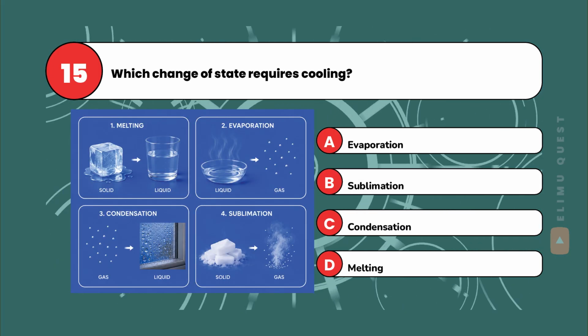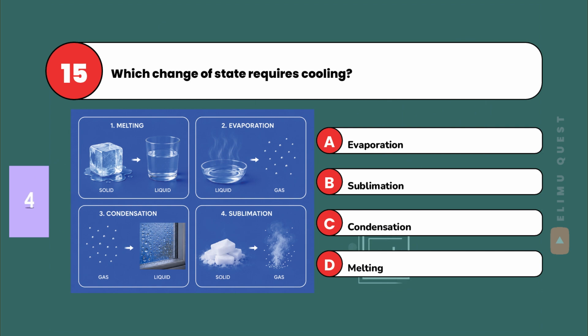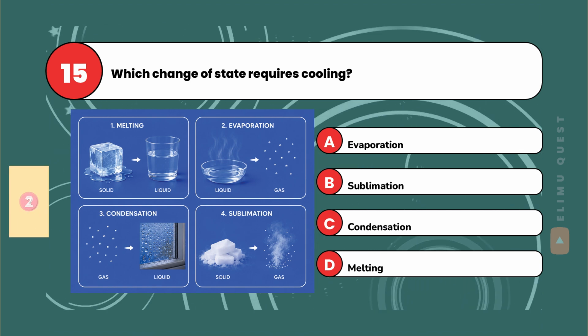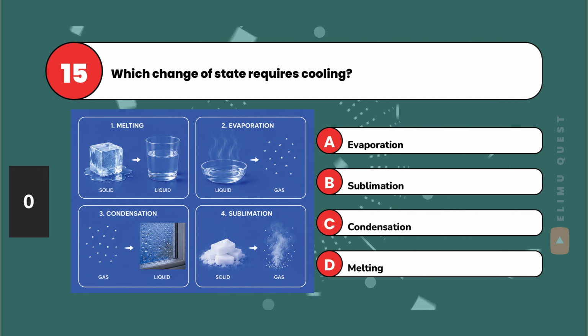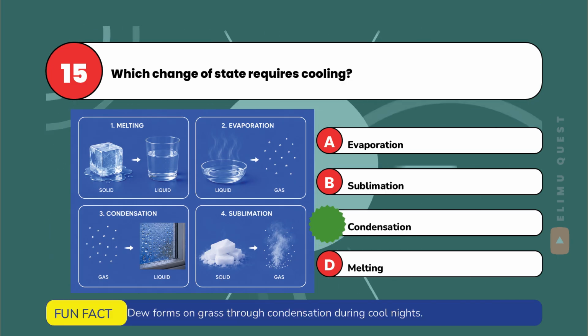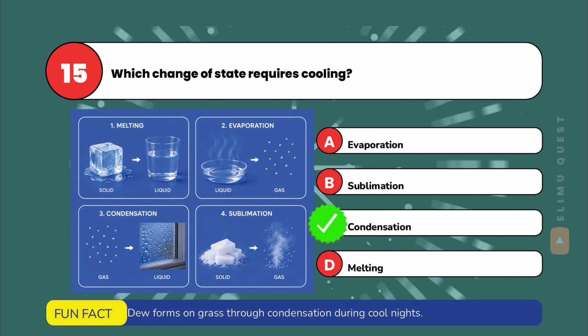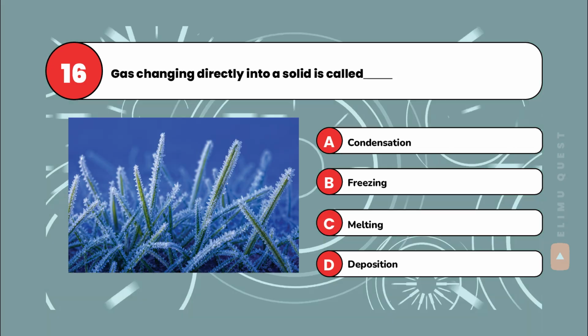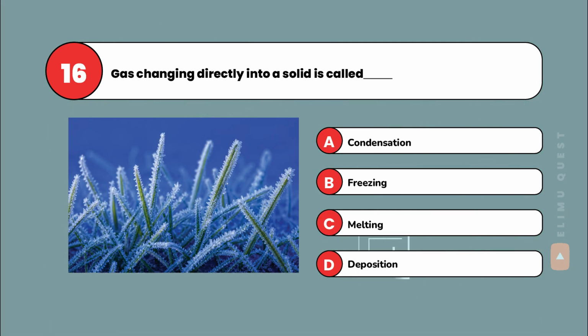Which change of state requires cooling? Condensation occurs when a gas loses heat and changes into a liquid. Gas changing directly into a solid is called dash.